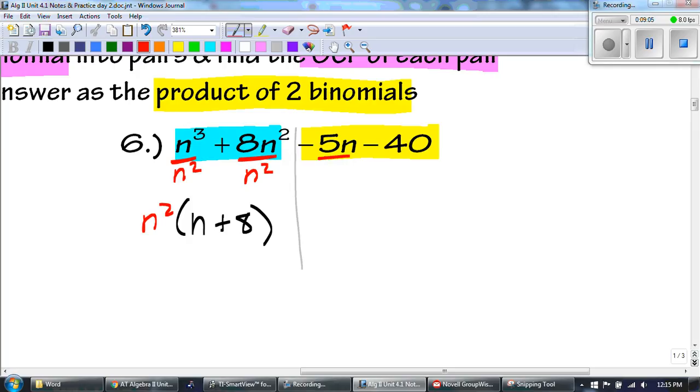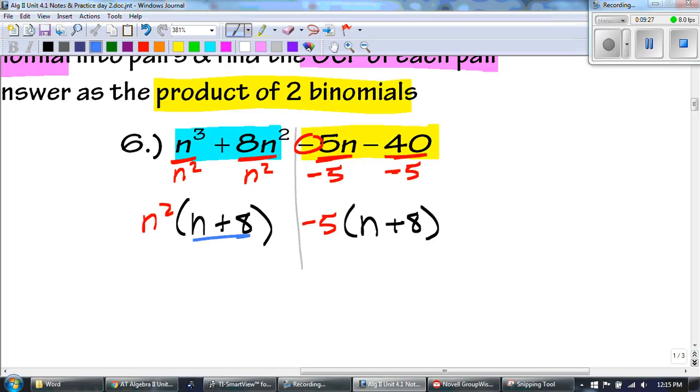Now the yellow group, my leading coefficient is negative, so my GCF is negative, and I can take out a -5. And then -5 divided by -5 is 1, so I'm left with 1n, and -40 divided by -5 is a +8.